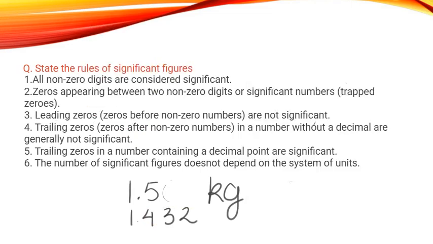So from this example you can also see that the significant figures tell us the accuracy of the measurement, up to which number you are confident. This is the definition of significant figures. You know that your sugar weighs 1.432 kgs. So you are confident, isn't it? Therefore, what was the significant figures?